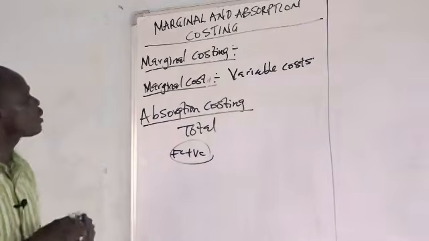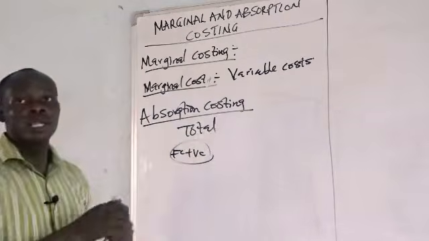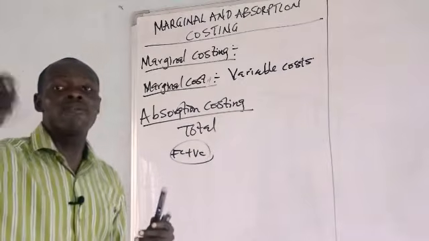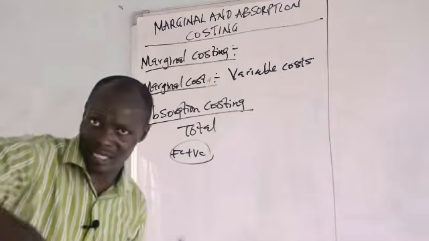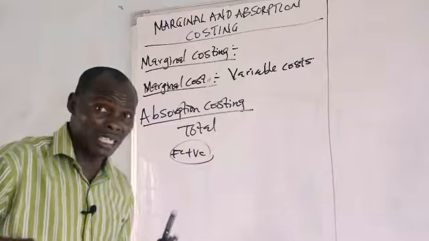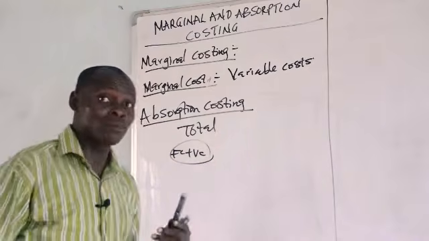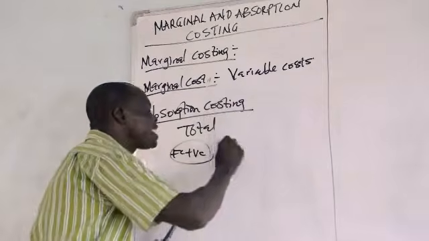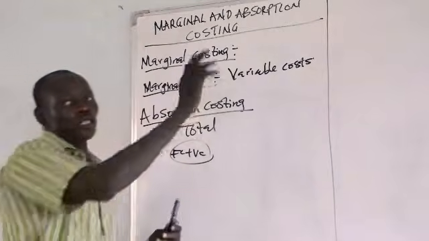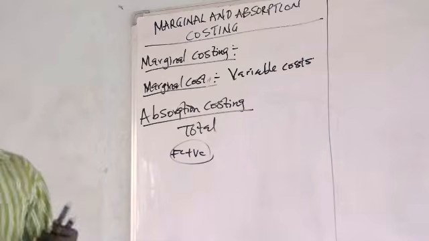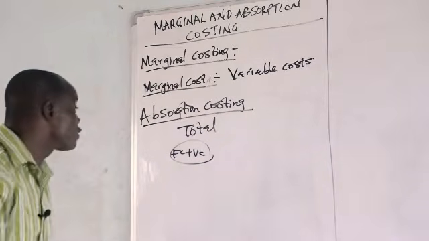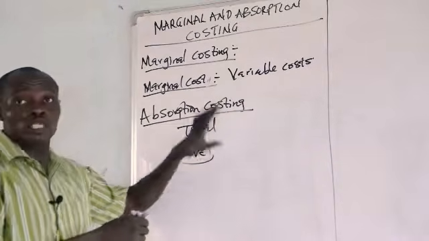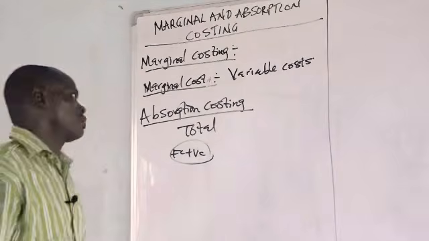It is the costing technique in which the fixed production overheads, I didn't say all the fixed overheads, only the fixed production overheads, form part of the cost of the product.